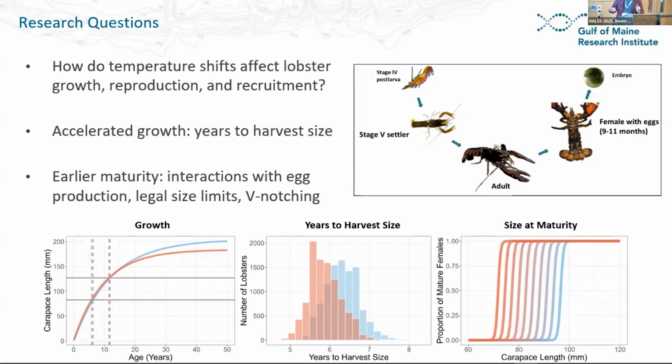Depending on the regime, whether you're in a cold or a warmer regime, you're going to have different growth trajectories, and the main focus is how many years it takes for a lobster to settle on the bottom and reach harvest size. We'll be tracking cohorts as the simulation moves forward, recognizing that there's going to be variability.